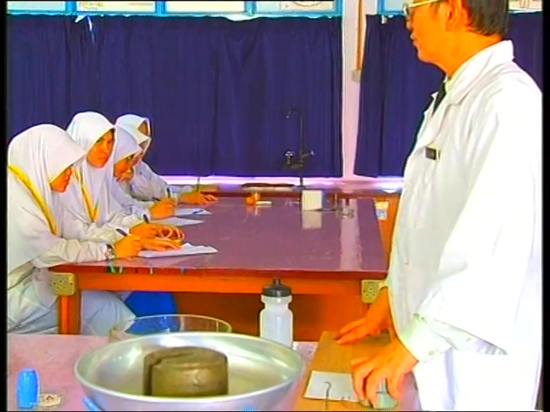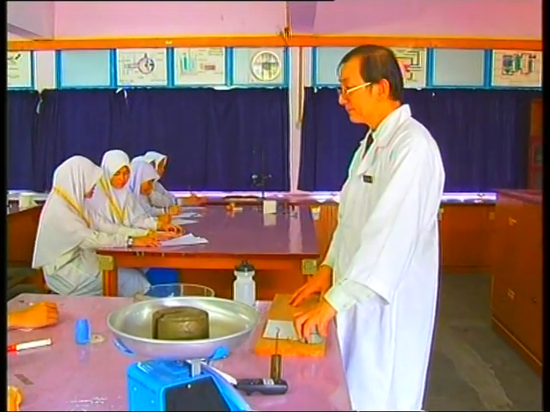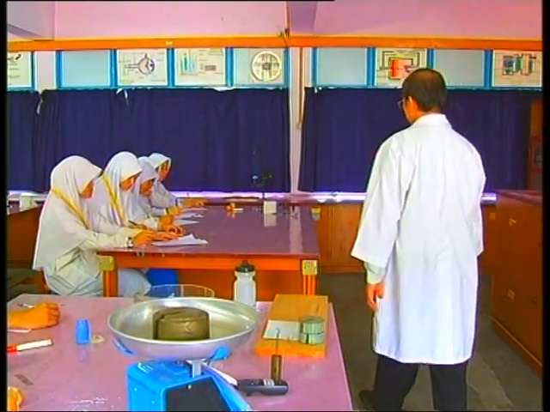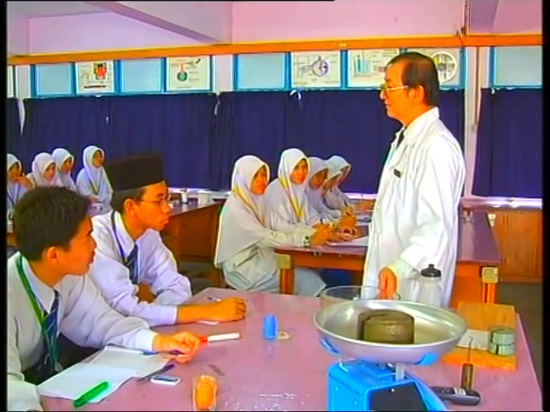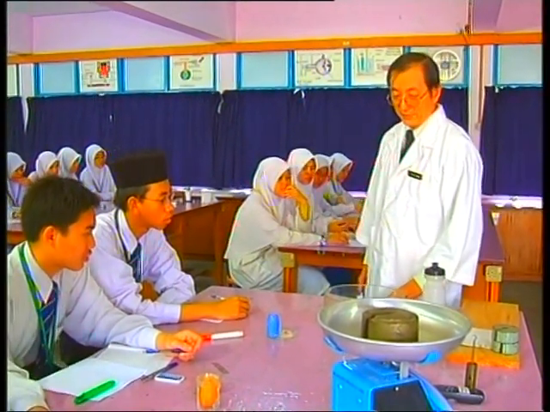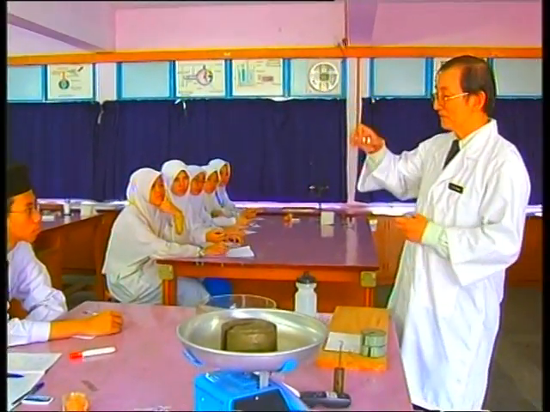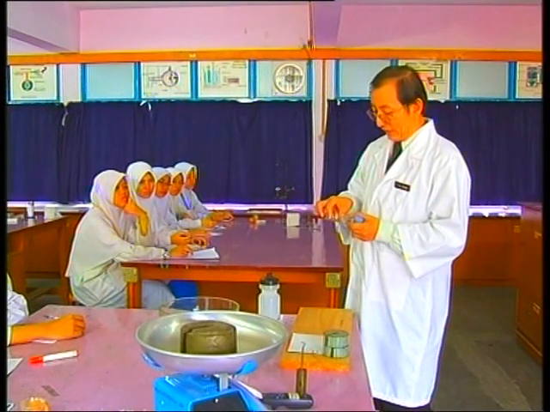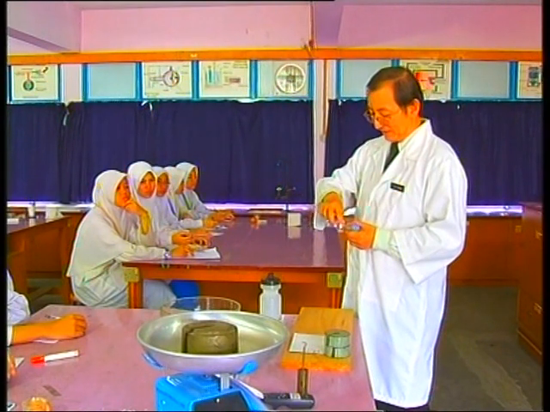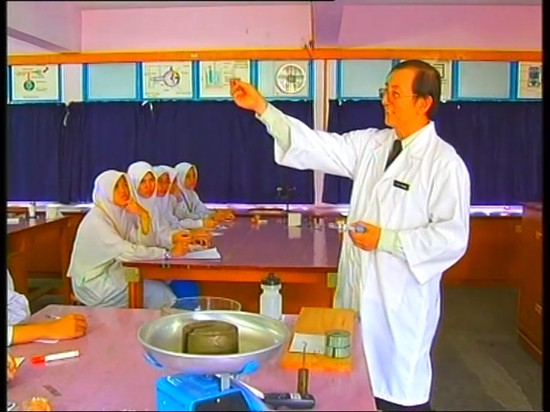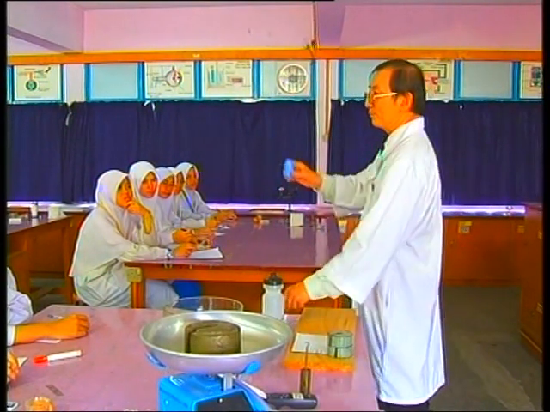We should now do an experiment on surface tension. On your table, there is a glass trough half filled with water, and you have your petri dish, a shaving blade, a model of a paper boat, and this is your lycopodium powder.